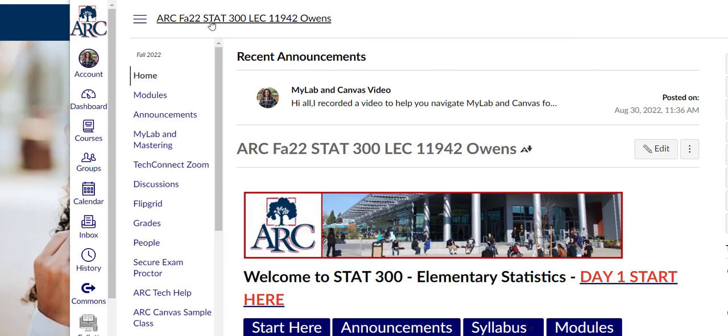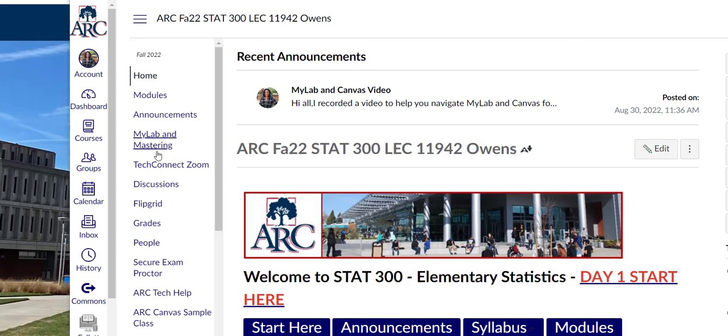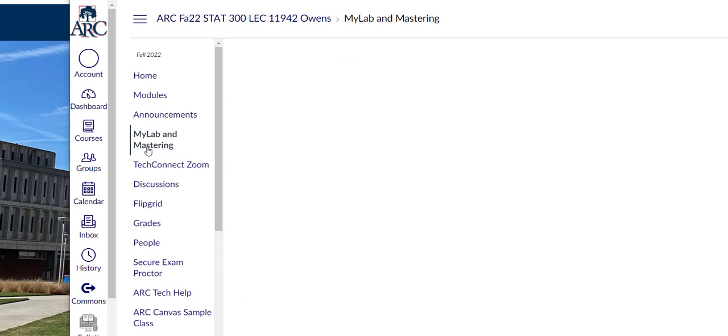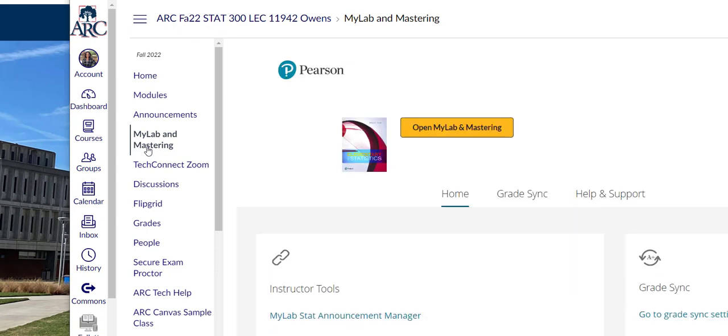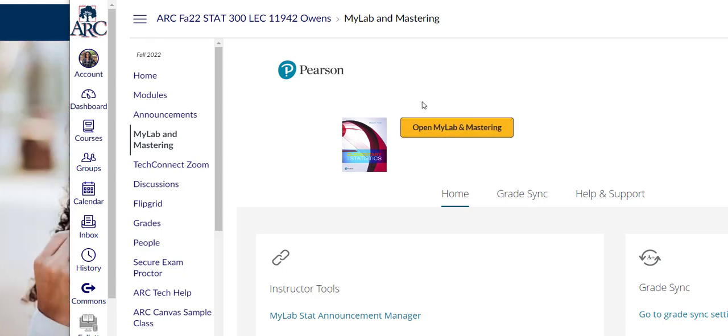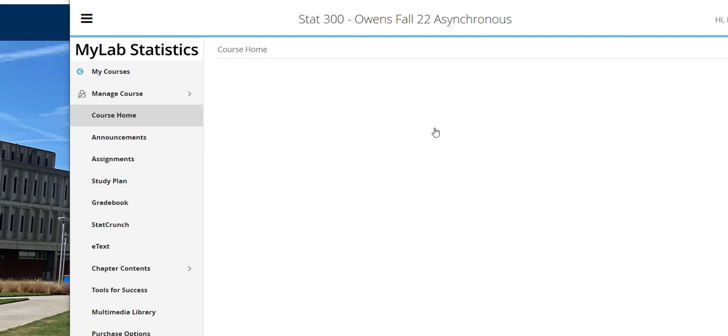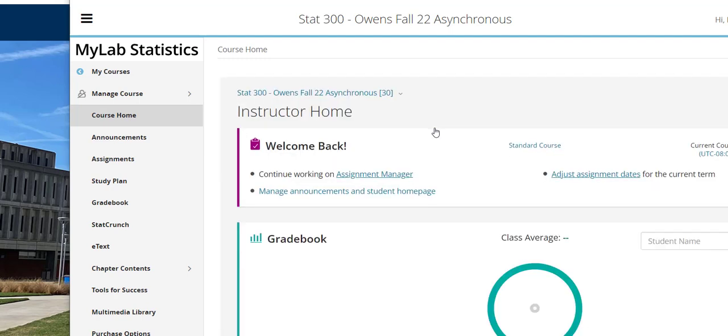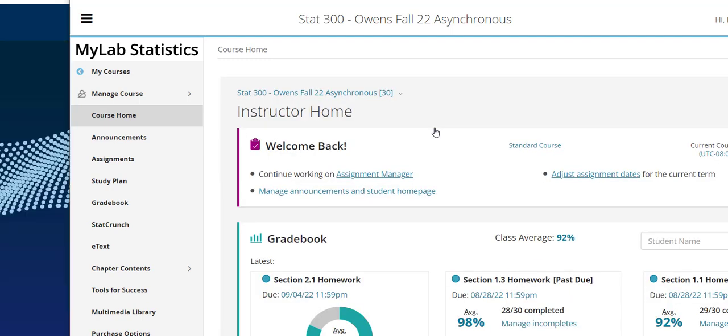Okay, so when you're on our Canvas page, go to My Lab and Mastering, and once that loads, you're going to go to Open My Lab and Mastering. And here you have to make sure that you enable pop-ups, because if you don't have them enabled, the window won't open up. So open My Lab and Mastering, and it opens in a new window, and that should take you to our My Math Lab page.